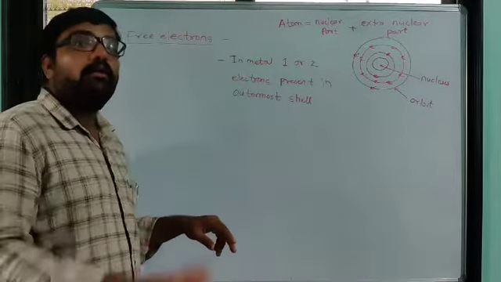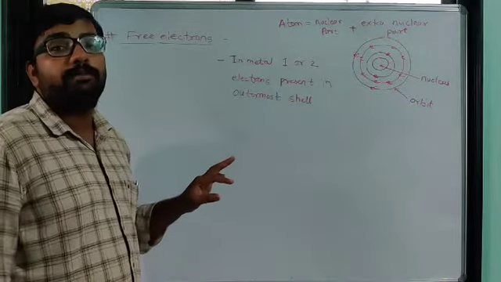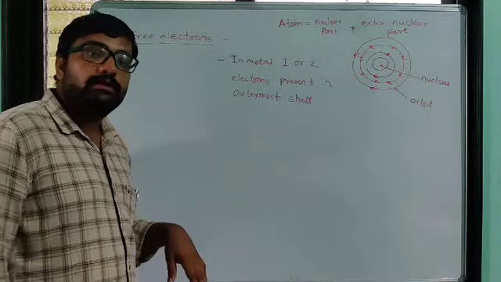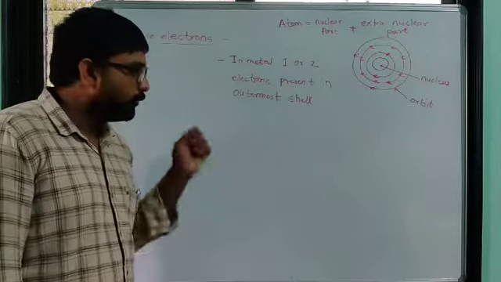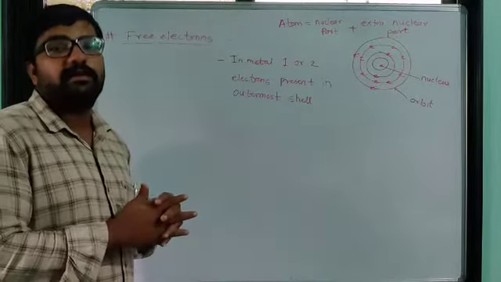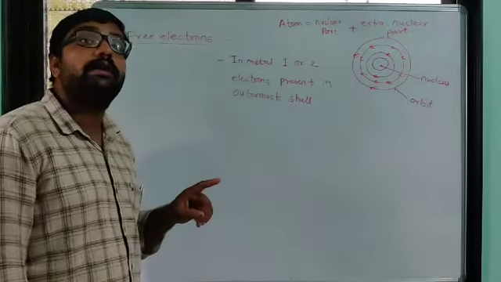In each atom of a metal there are one or two free electrons, and they can easily move. One atom is a very small part, but if we consider an electric wire, then a large number of atoms are there, and each atom has one or two free electrons.